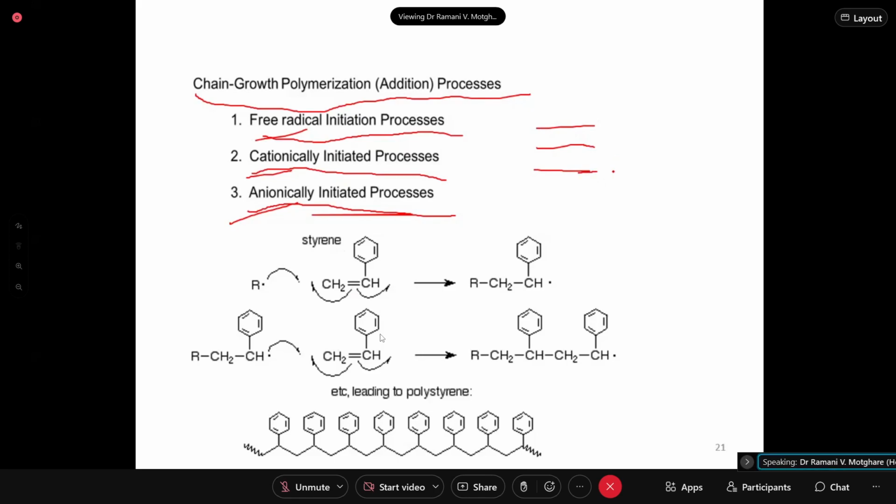That gives you either an oligopolymer or a high polymer. Okay, so here we see how this particular radical is reacting with styrene. This pi bond will break and the radical will join here and get attached to this, and this part, the radical part, is free to form a bond here.